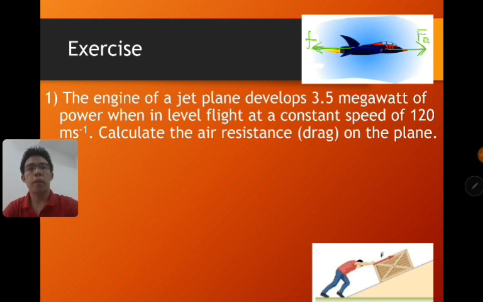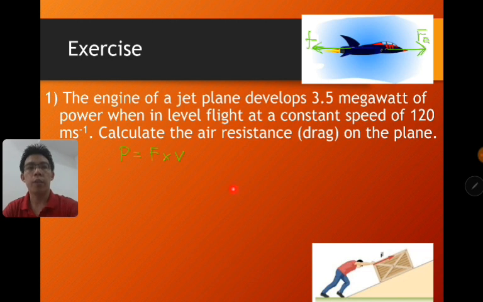We know that it develops 3.5 megawatt. So we can write force times velocity, because we know that it's moving at a velocity of 120 meters per second. We are going to use this equation instead of the equation of work done per unit time, because the factor of time is not involved here, so this one will be more convenient.